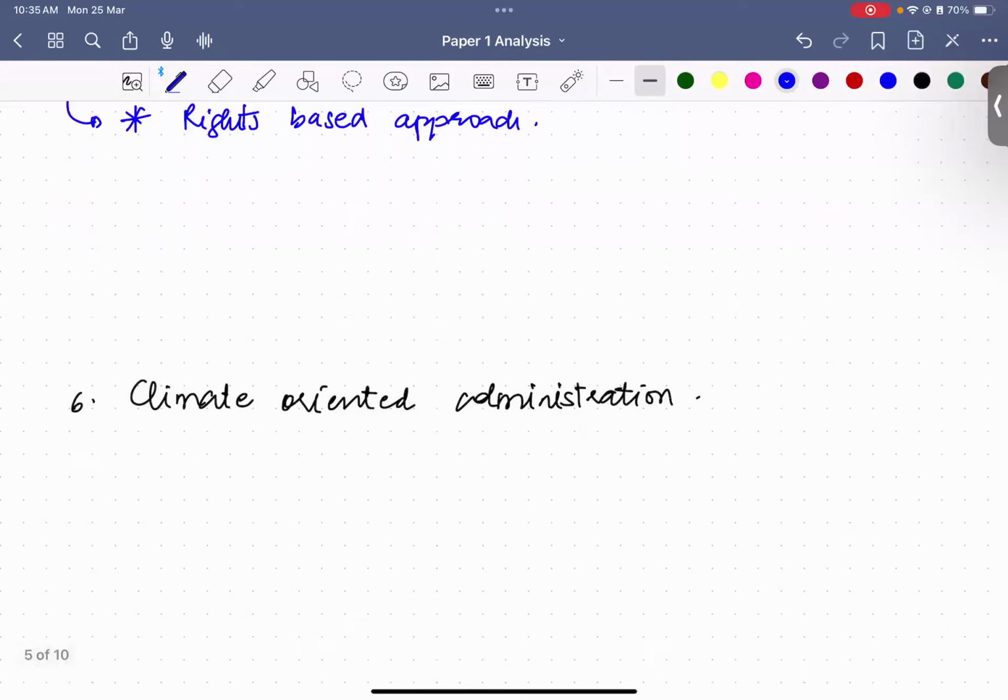PANEL is participation, accountability, non-discrimination and equality, empowerment, and legality.